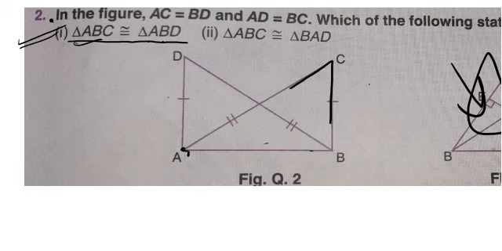Now we have to check whether these two triangles are congruent or not. You see here that these triangles are not congruent.